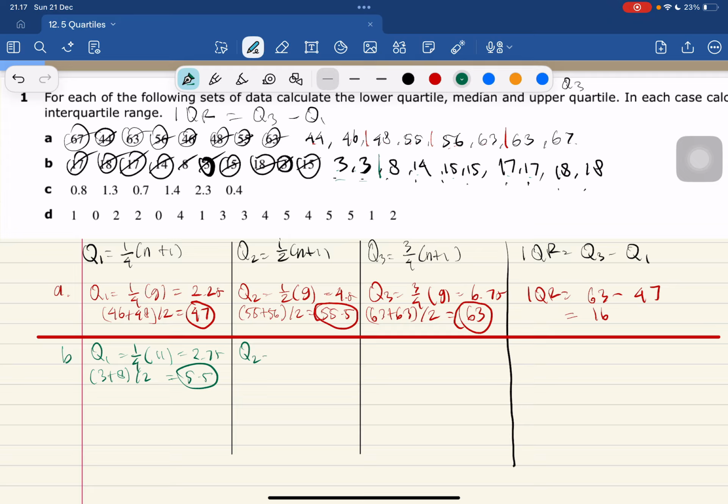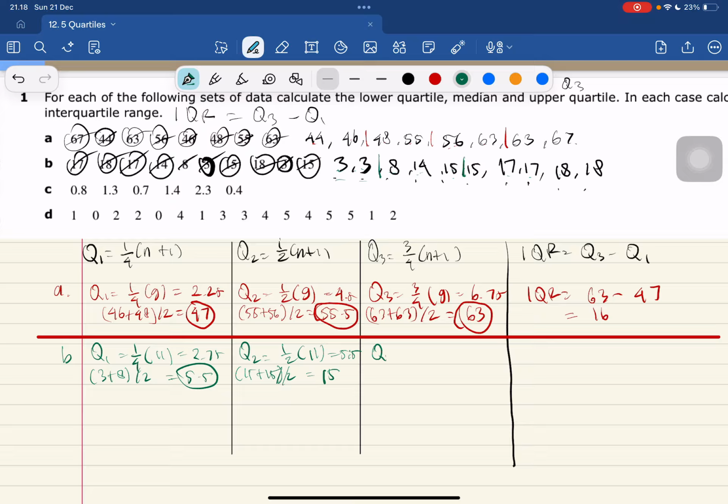Now quartile 2, or the median. So 1 over 2 times 11, which is 5.5. So 1, 2, 3, 4, 5, here. So Q2 is 15 plus 15, divided by 2, which is 15.